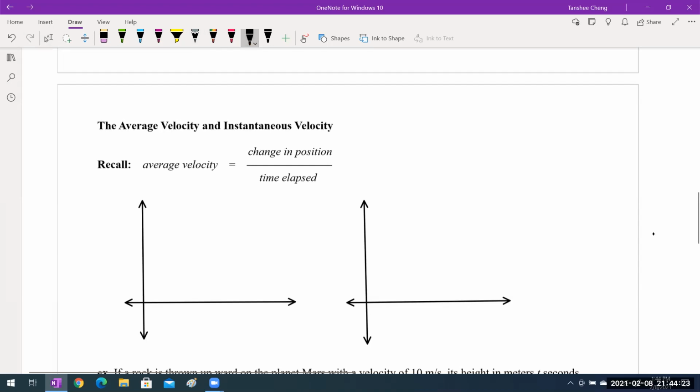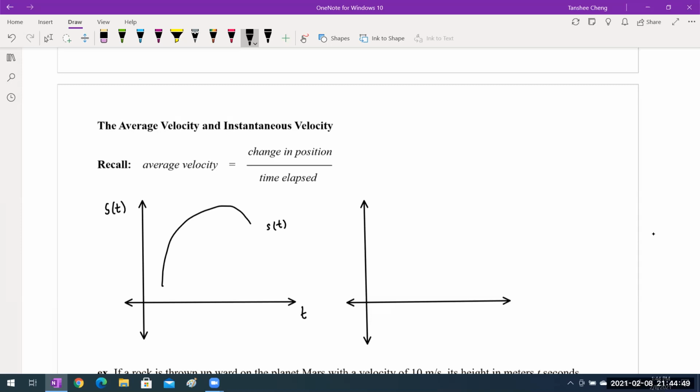First, let's recall what average velocity is. If we have a position function with respect to time, and let's say the graph of the position function is something like this. Let's say this is the position function.